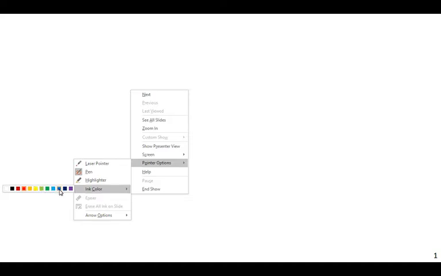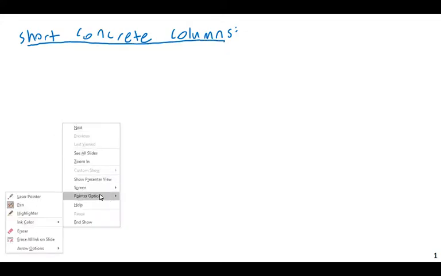So the topic for today is short concrete columns. What is a short concrete column?